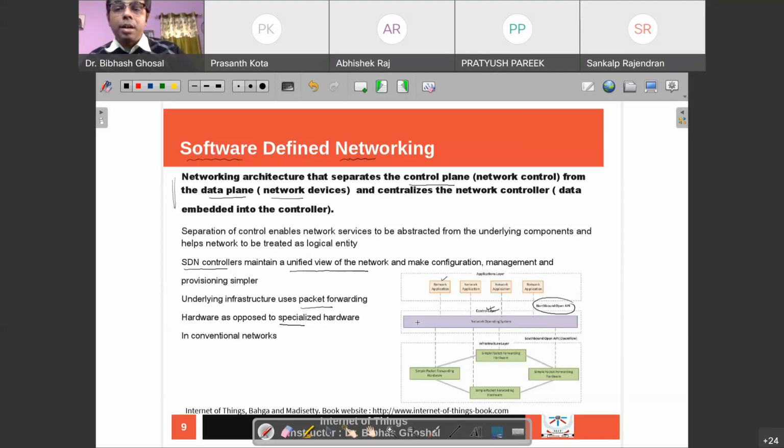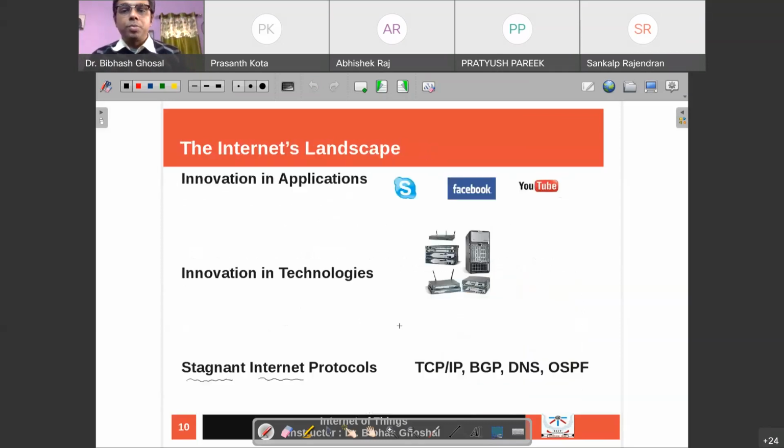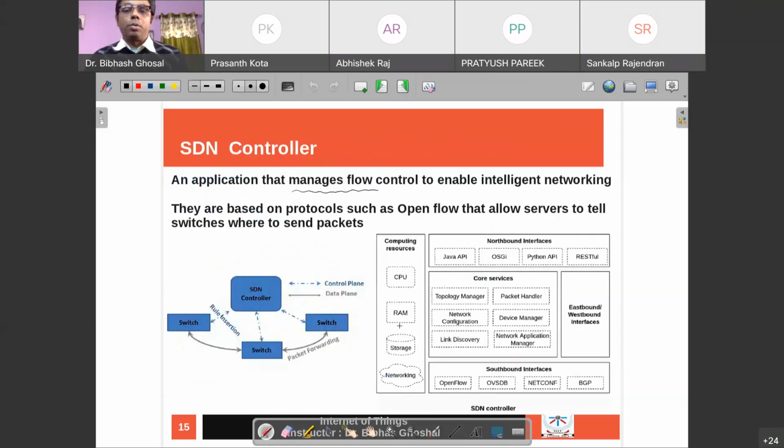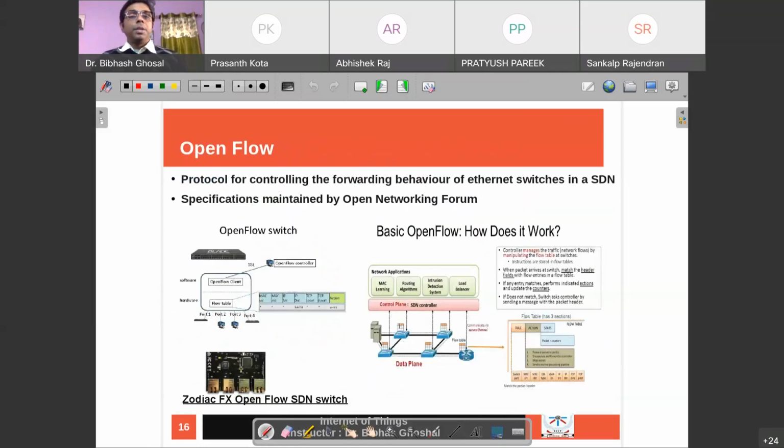And the controller will talk to the lower layers again through another API. And this API is what we call the OpenFlow protocol. So this is the protocol for controlling the behavior of the Ethernet switch.